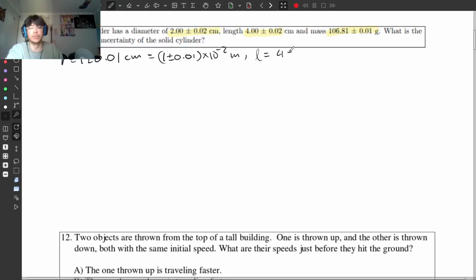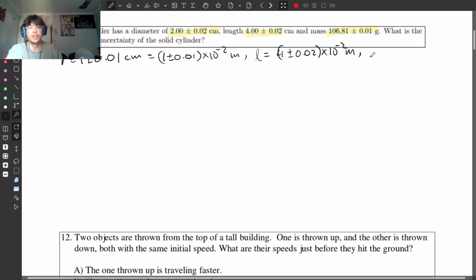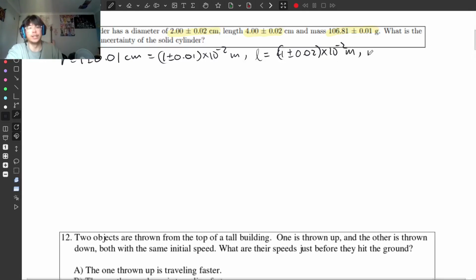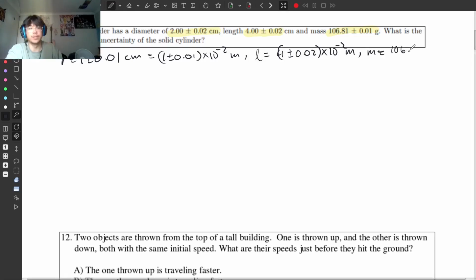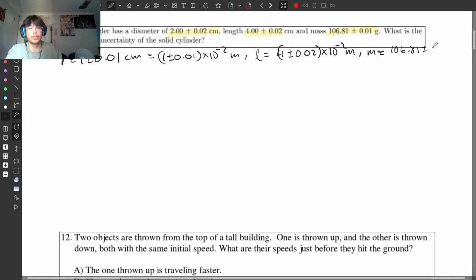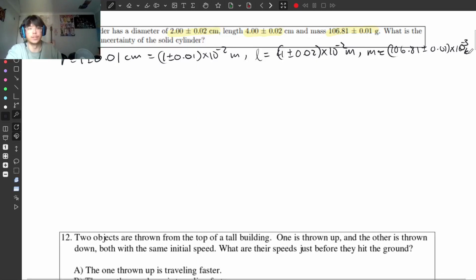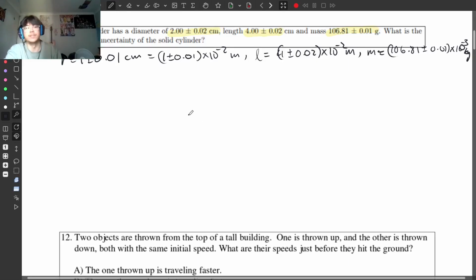We don't have to do anything to it because we use the length in the formula, so this is times 10 to the minus 2 meters. And then our mass is equal to 106.81 plus or minus 0.01 times 10 to the minus 3 kilograms, because there are 1,000 grams in a kilogram.